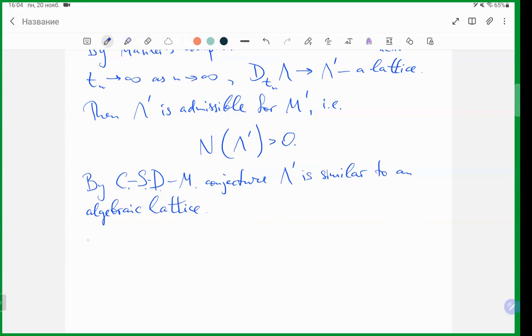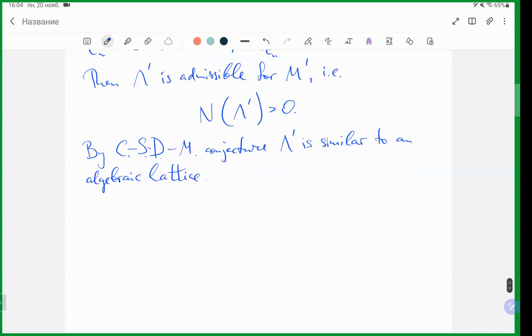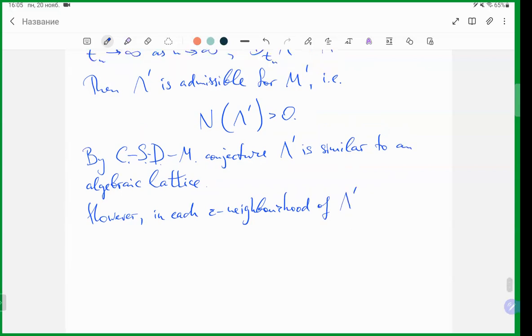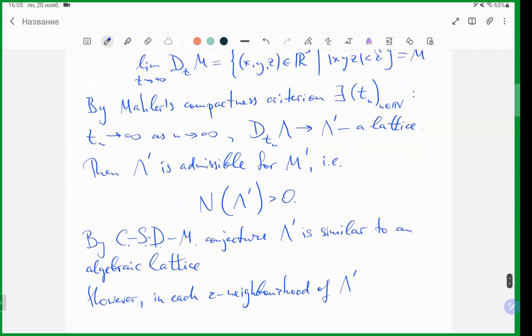However, in each epsilon neighborhood of our lambda prime, there will be a point of this kind.